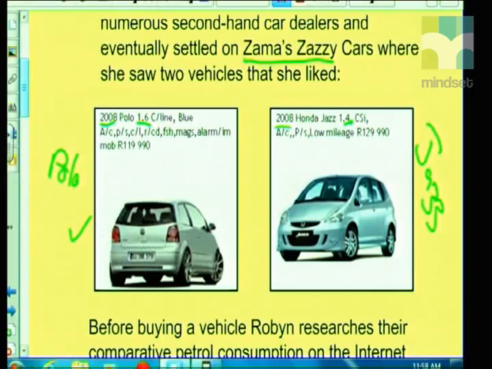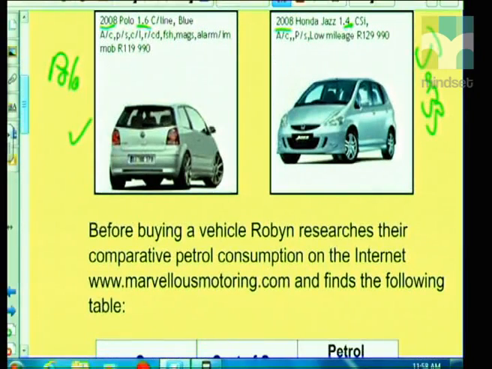The mileage and the prices were slightly different. This one was 19,990. This one was 129,990. So there is a difference in both their specifications as well as their mileage as well as their price.